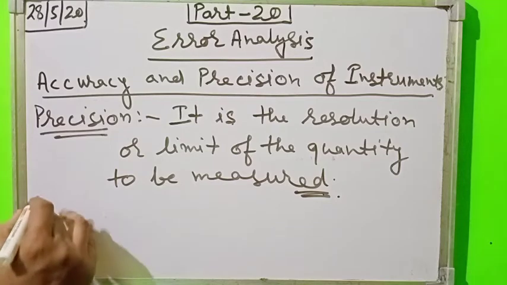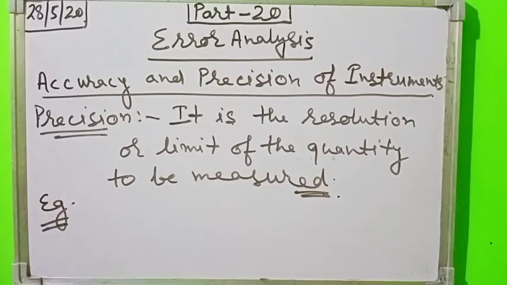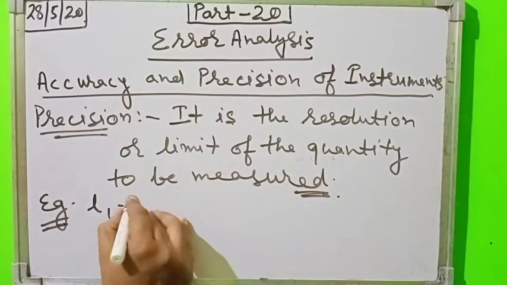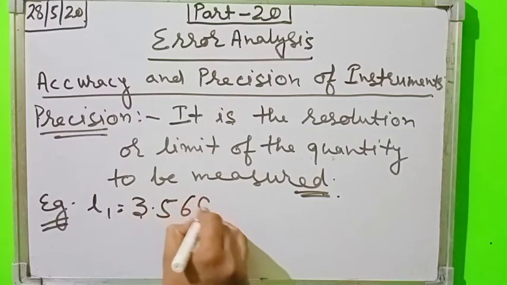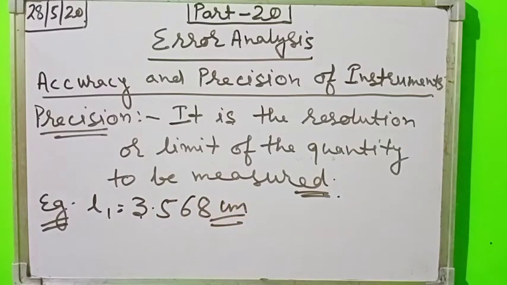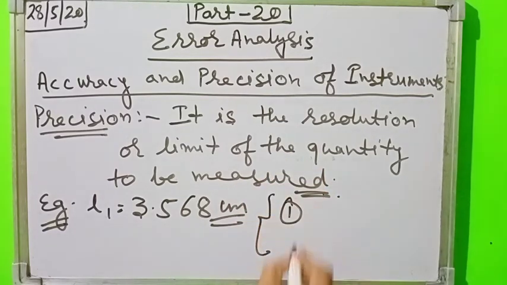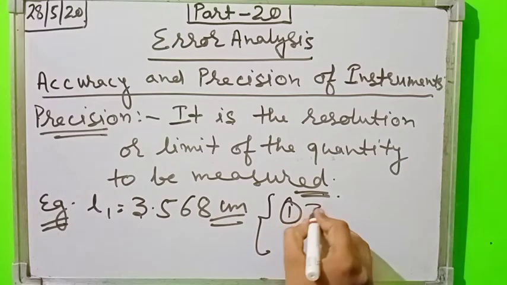Now for example, suppose the true value of a given object is 3.568 centimeter. This is the true value of the given object. And three instruments have measured its length. First one had measured its length as 3.5 centimeter.